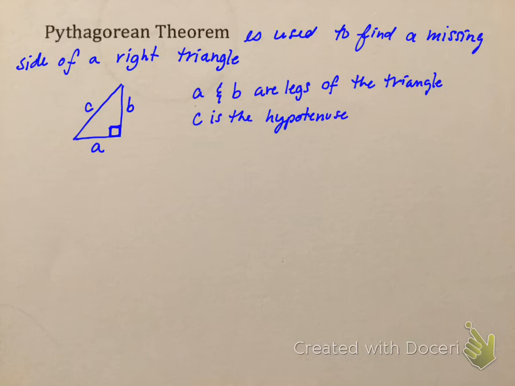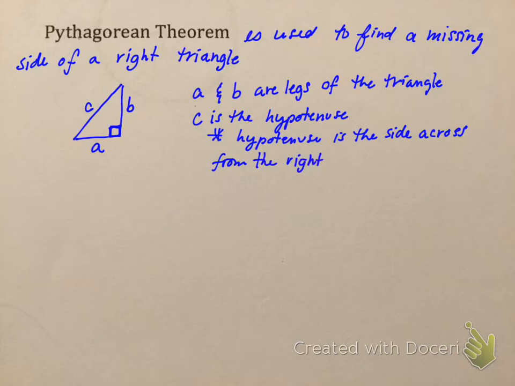Okay, and let me make a little note. The hypotenuse is the side across from the right angle, and this is always the case. Also, C will be the longest side, and this is always the case.